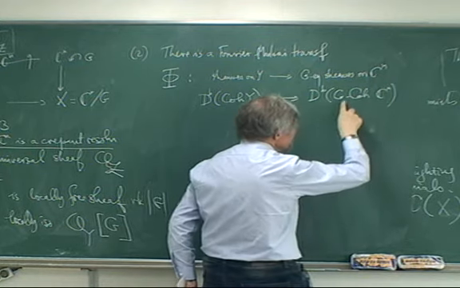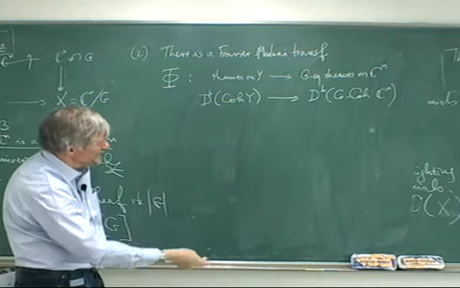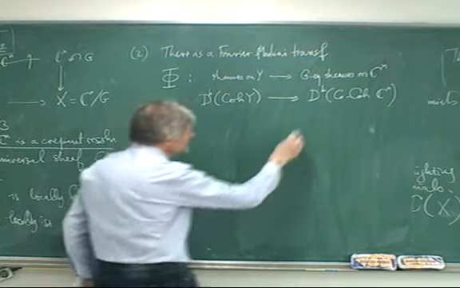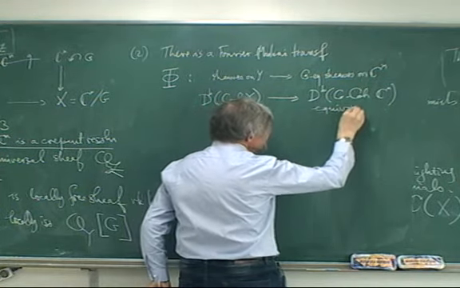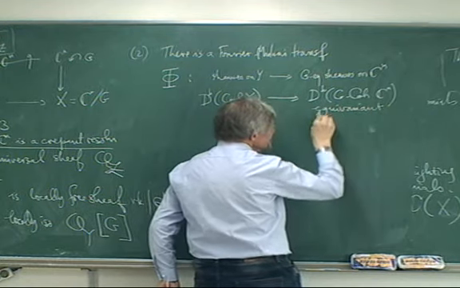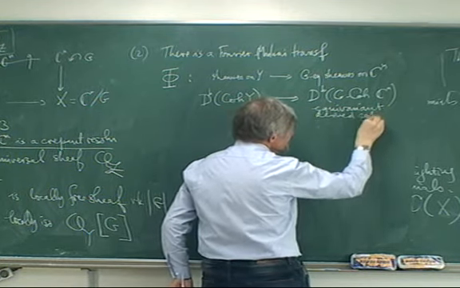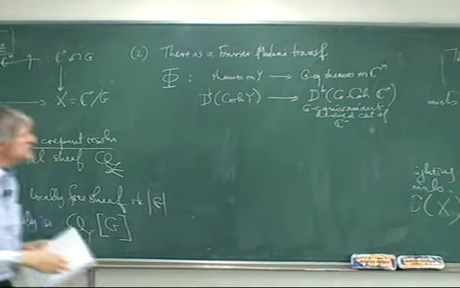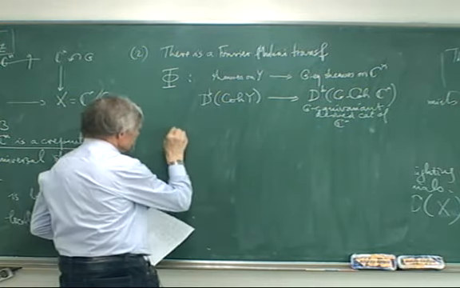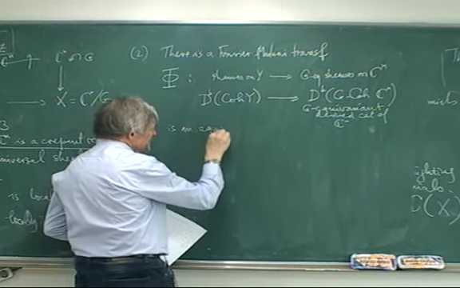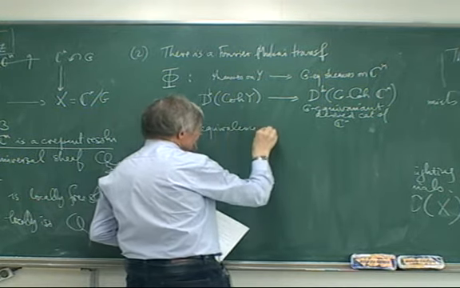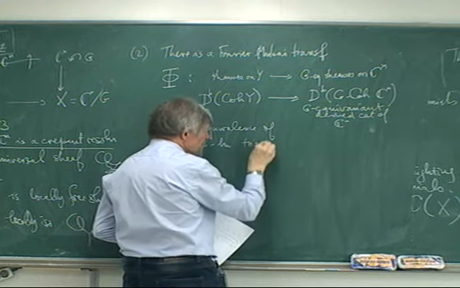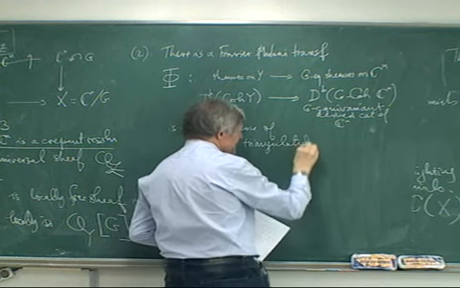So on Cn I have sheaves with an action of G. So these are coherent sheaves. These are equivariant coherent sheaves. So G-equivariant. Right? And this is an equivalence of C-linear triangulated categories.